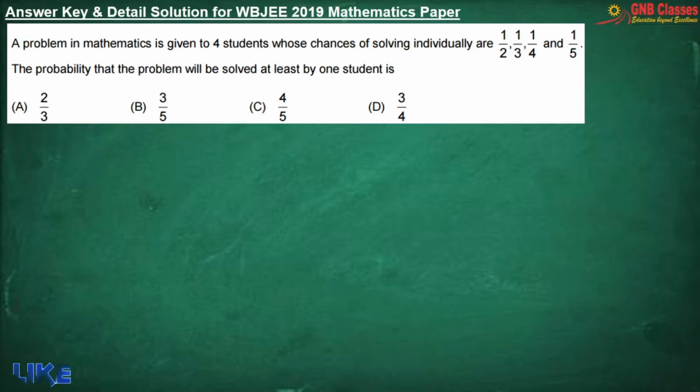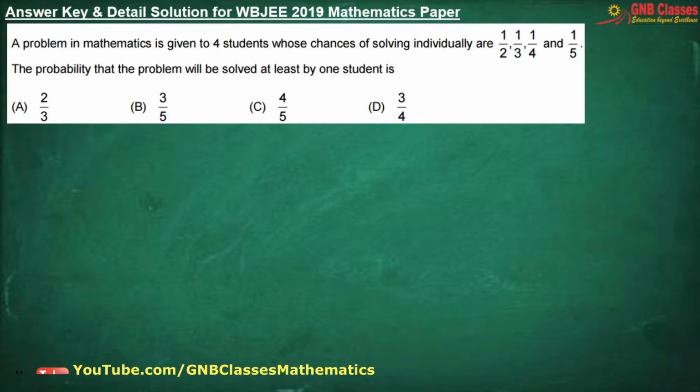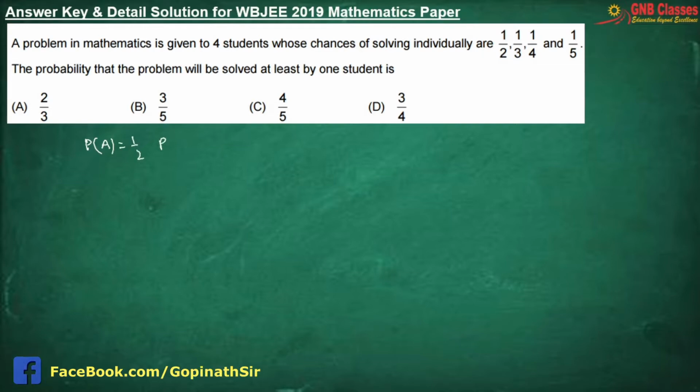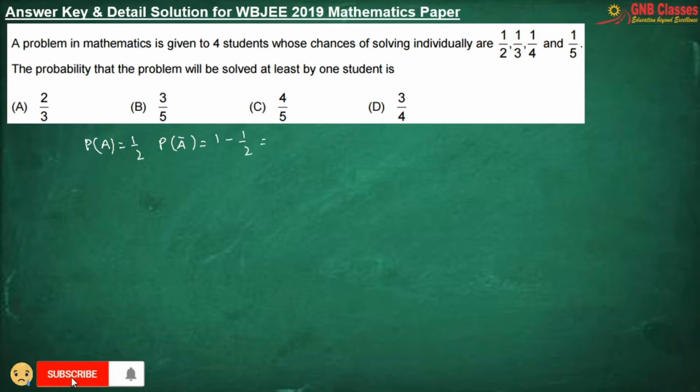So first what we are trying to do here is, we are trying to find out the probability that the problem is not solved. The problem is not solved means no student has solved this problem. Here PA is 1 by 2, so PA bar will be 1 minus 1 by 2, which is half again.